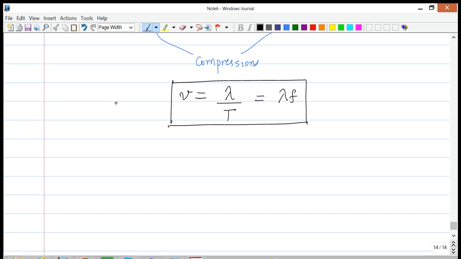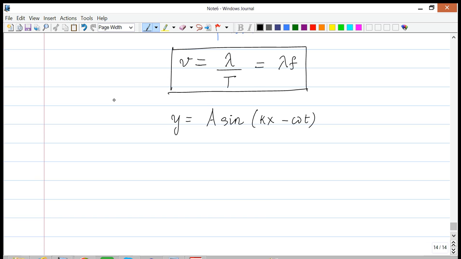So the best way to write this wave is in this form: y = A sine of (kx − ωt). I'll explain each of the terms here.